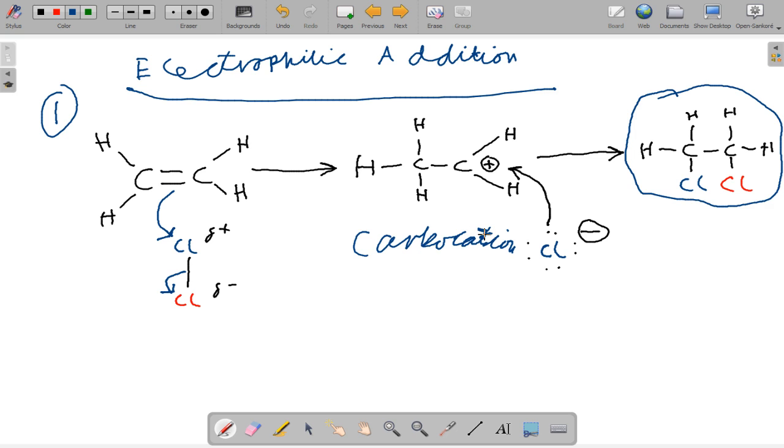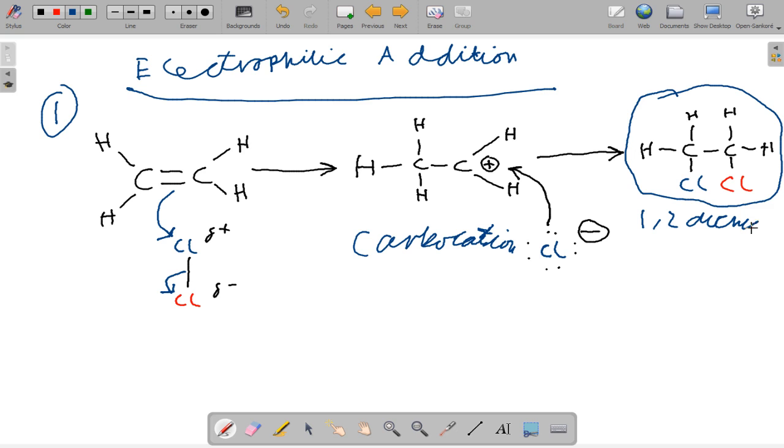So when that carbocation exists, a chloride ion can go to this region of low electron density and attack the carbocation.